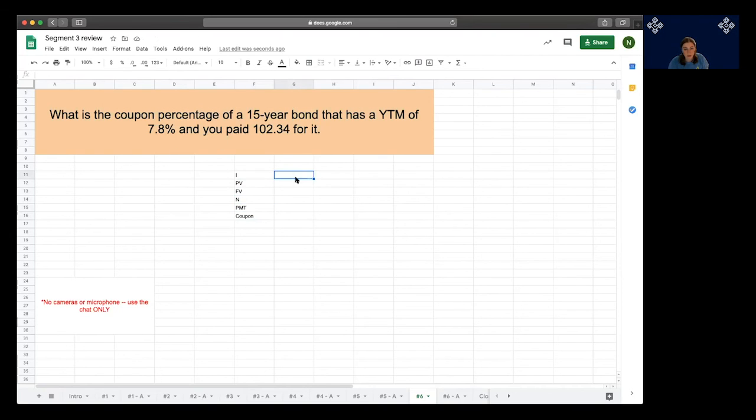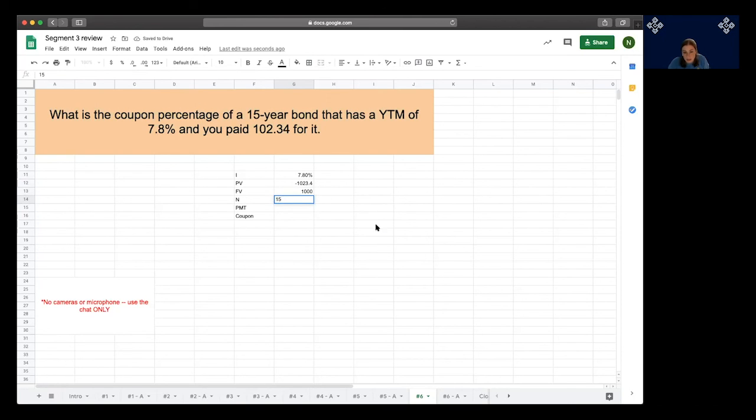Reading through the problem, we have a yield to maturity of 7.8%. Then we have a present value of negative 1,023.4. And then we have a future value of 1,000 because it is a bond, and an N of 15.